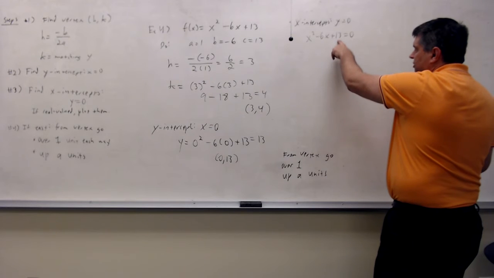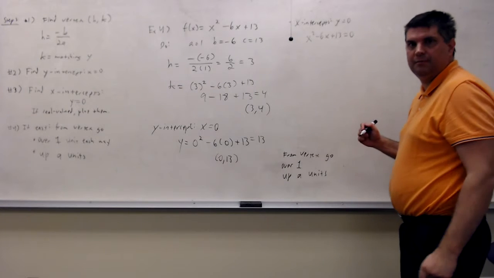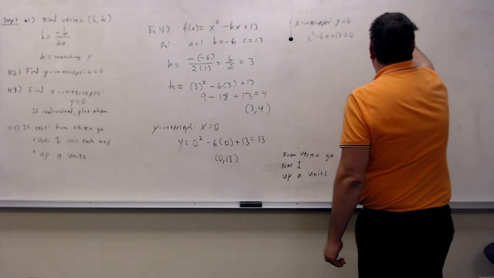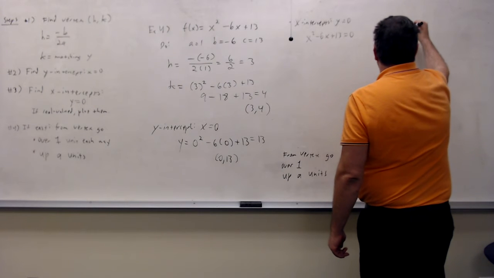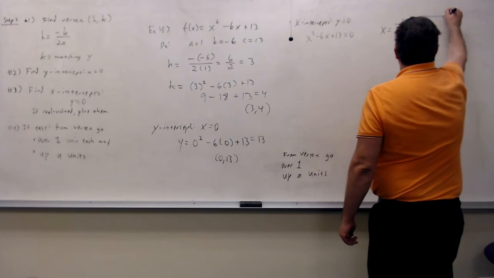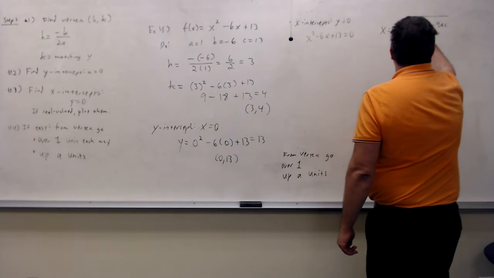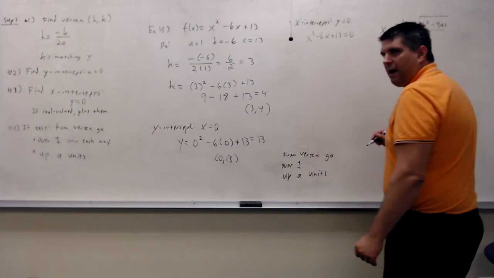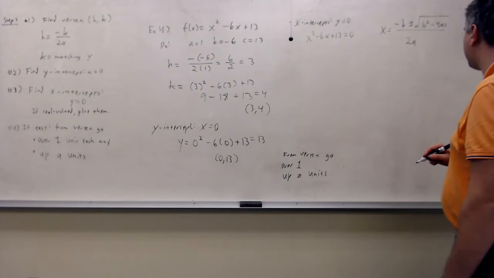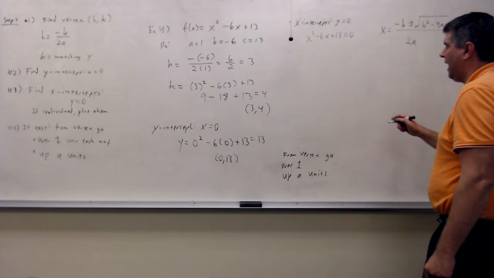There's no pair of factors of 13 that add to -6. So I'm going to have to use the quadratic formula. x equals -b plus or minus the square root of b squared minus 4ac all over 2a. And by the way, when I sketch my graph, this is probably going to have to be taken out of the way.